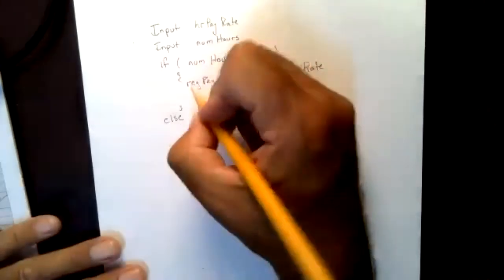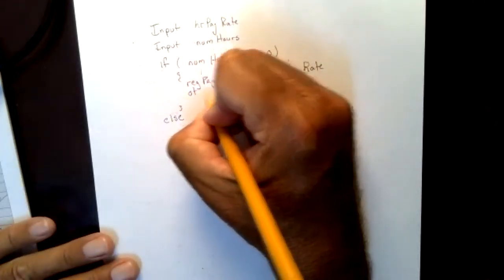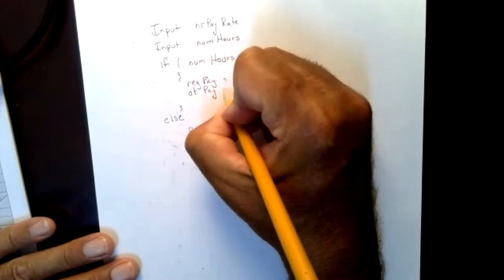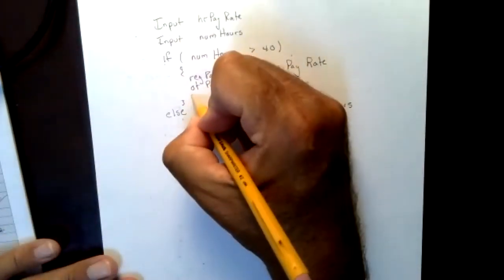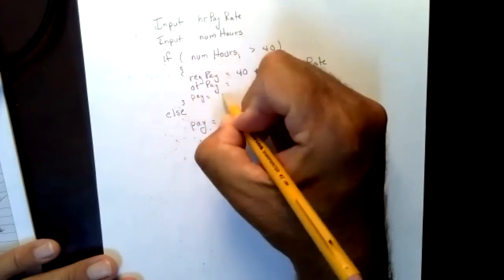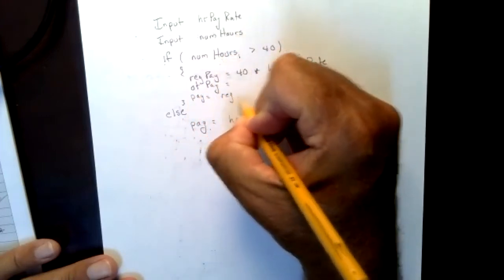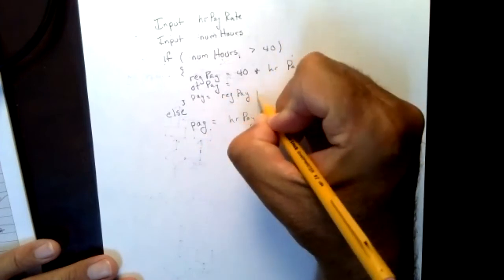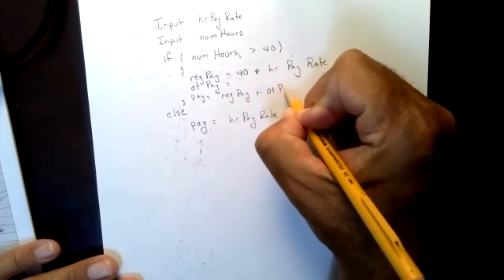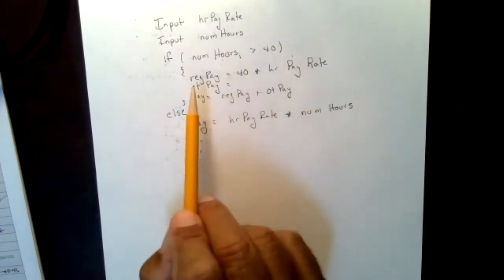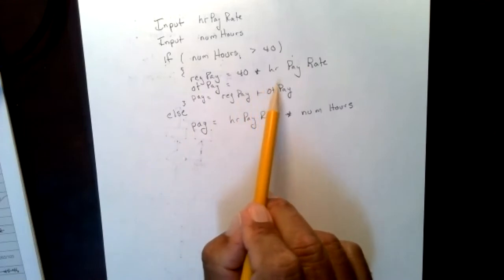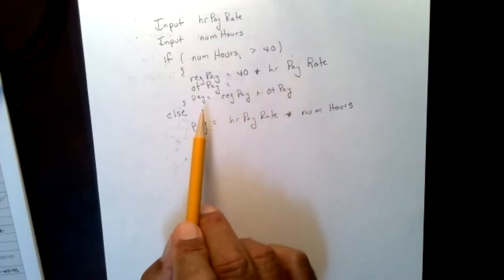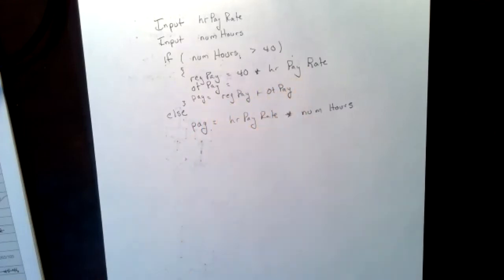So I have regular pay, I have OT pay, and I'm going to have to figure out what that is. And then my pay is going to be reg pay plus OT pay. So my reg pay is going to be the first 40 hours, my OT pay is what I'm going to make for overtime, and then my pay is going to be the regular pay plus the OT pay.